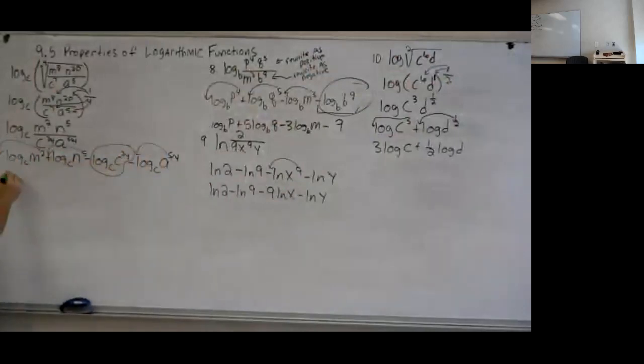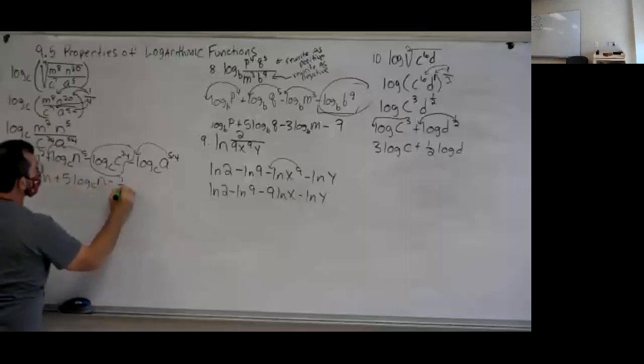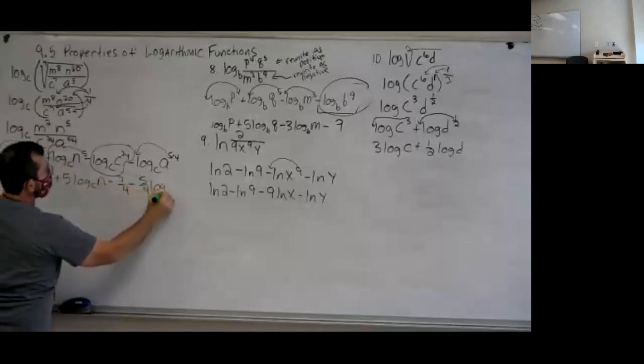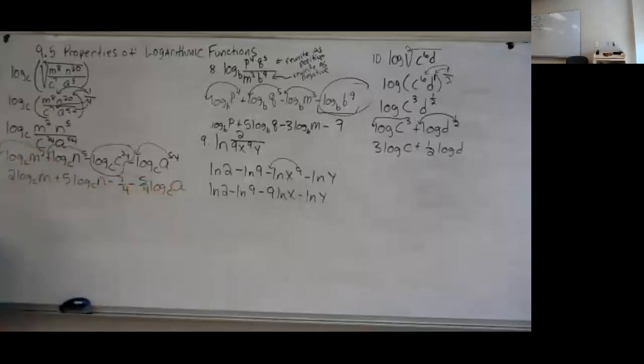So you get a 2 log C of M plus 5 log C of N minus the 7/4 minus 5/4 log C of A. So like I said, pretty much you're done at this step other than bringing the exponents down and taking care of that. Anytime the bases match, those results, you make that the exponent only, okay?